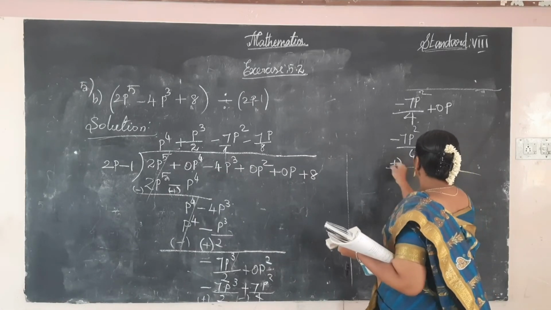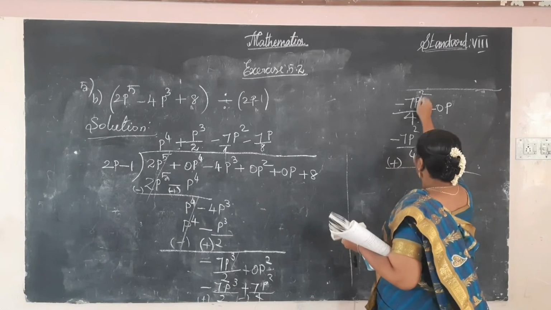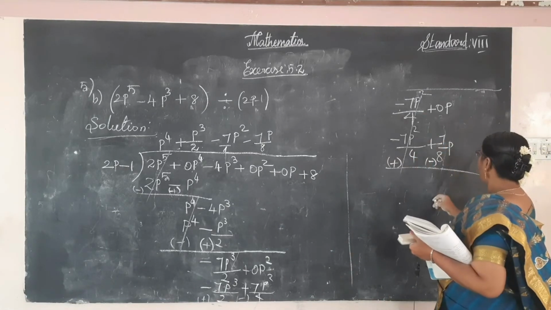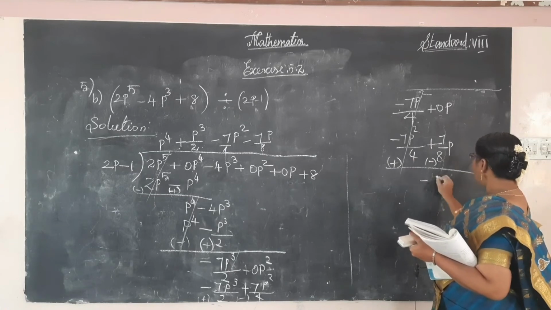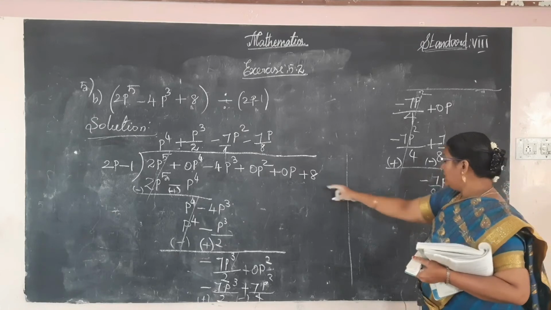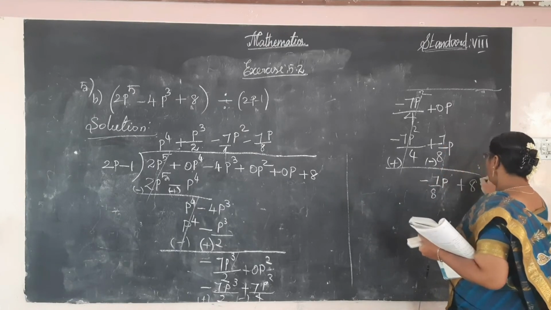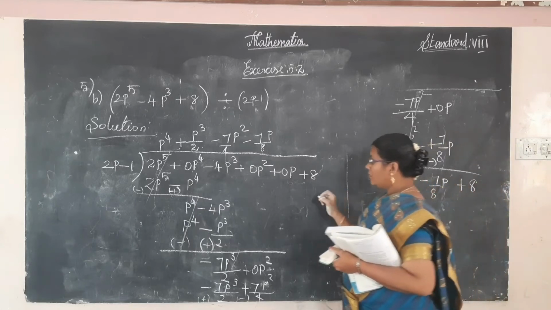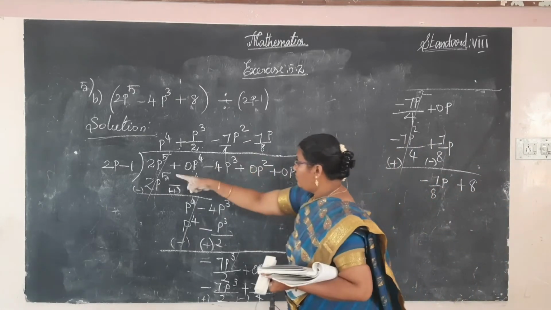So this term will be cancelled. Change the sign. The first term cancels, and the remaining is minus 7 by 8p. So the last, final term, the constant term. Bring down the constant term.